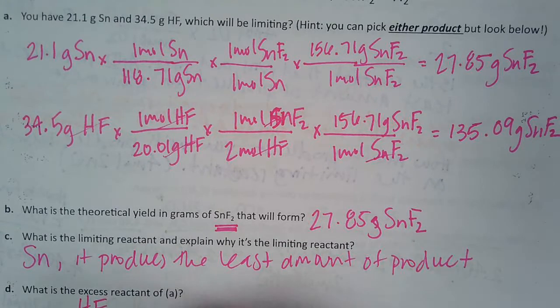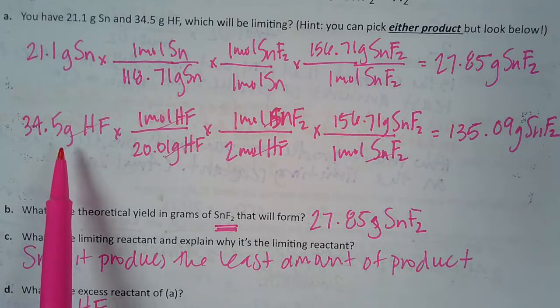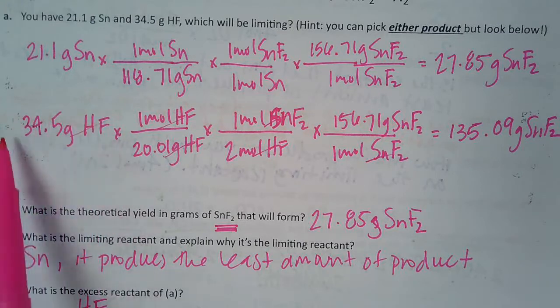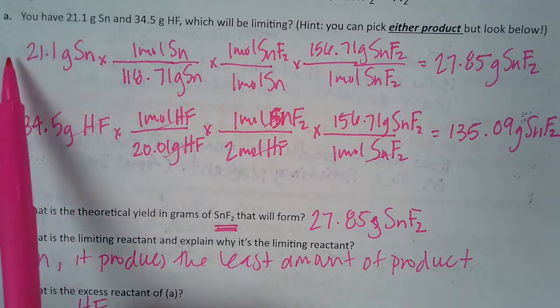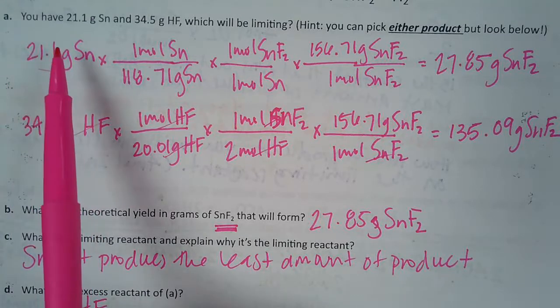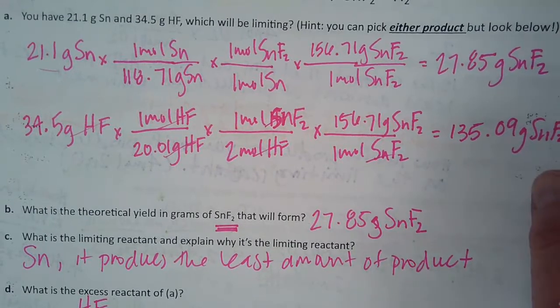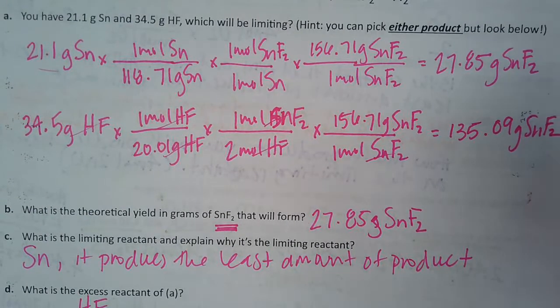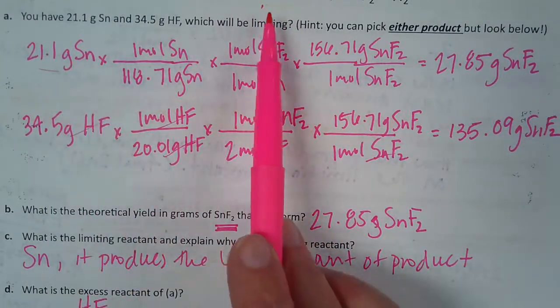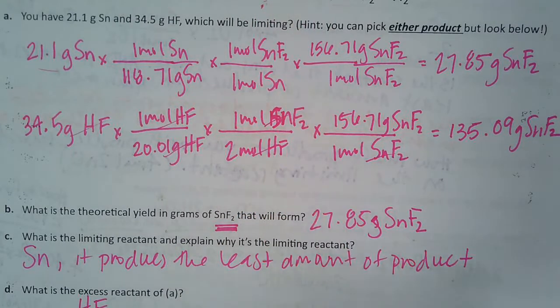Okay, so now we need to figure out how much of the excess we are going to have left. Well, we know that HF is our excess. And we know that we're going to use all 21.1 grams of the tin. So I'm going to start with the 21.1 grams of the tin. And if all 21.1 grams of the tin is going to get used up, I'm going to see how much of the HF we're going to use.